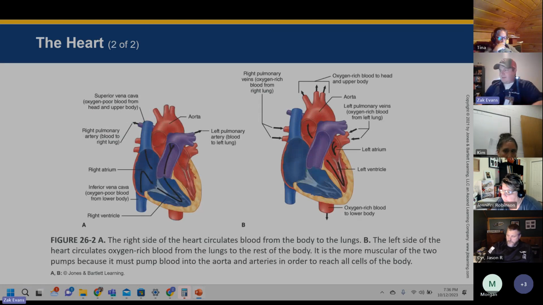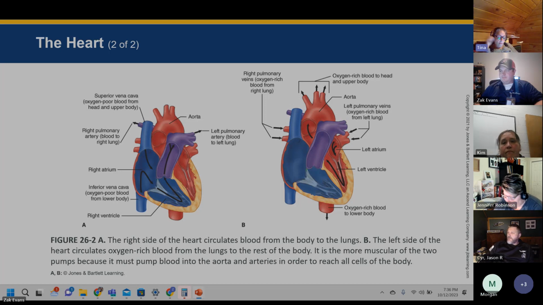Anybody want to take a stab at telling me how blood flows through the heart? I don't know the valve names, but I know like the right atrium, the blood comes in, and it goes down through a valve into the right ventricle. Then that deoxygenated blood goes into the lungs through the pulmonary artery. Perfect.